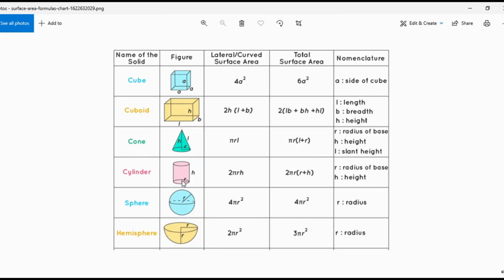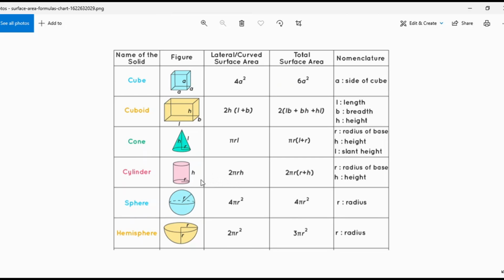Then a cylinder, if base radius is R and height is H, then 2 pi RH will be the curved surface area. How is it formed? This is simply the base perimeter into height. Suppose this cylinder is made by folding a rectangular piece of paper, then curved surface area of the cylinder will be same as the area of that rectangular paper used.